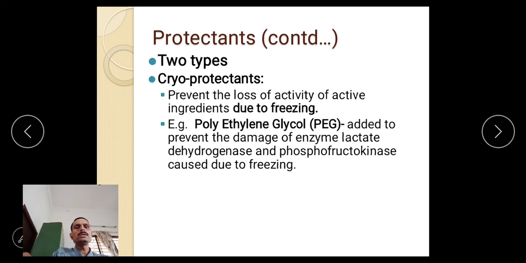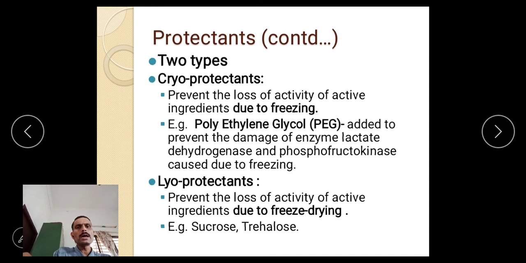For example, polyethylene glycol is added to prevent the damage of the enzymes lactate dehydrogenase and phosphofructokinase caused by freezing. To prevent the loss of activity, we add polyethylene glycol, which acts as a protectant. That is why it is called a cryoprotectant.